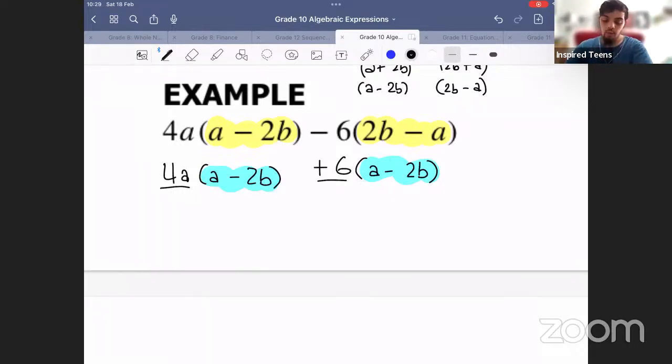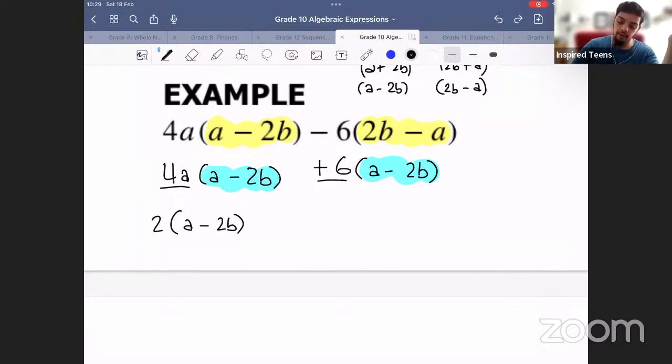Technically, we can take a common factor with the coefficients as well, the numbers, because there's a common factor between these numbers, and that is 2. So my common factor is actually 2(a - 2b). You can treat it as one common factor, but you don't have to.